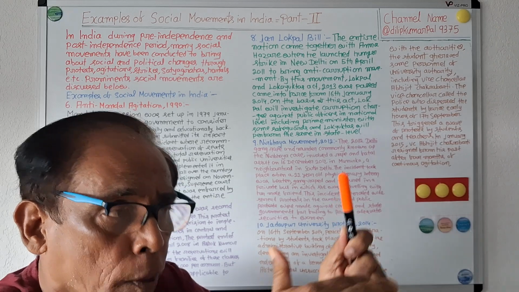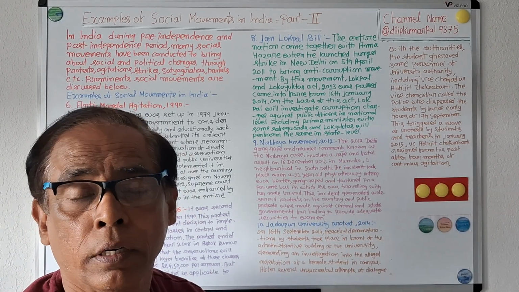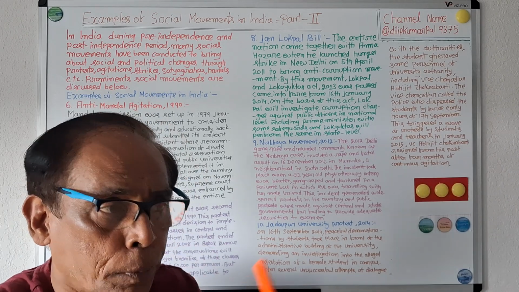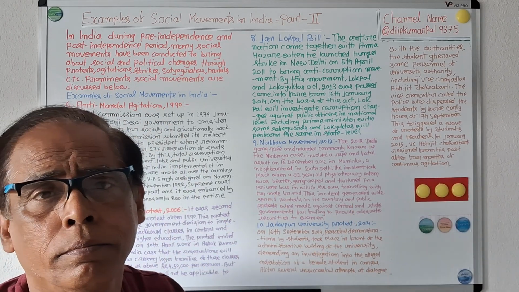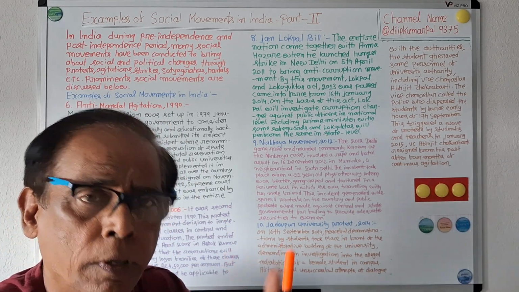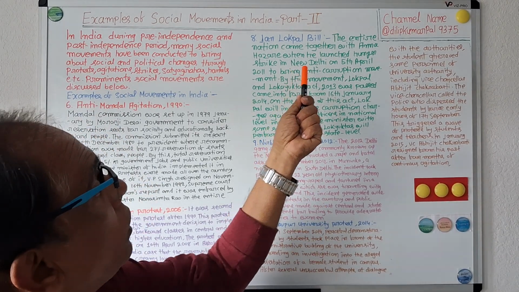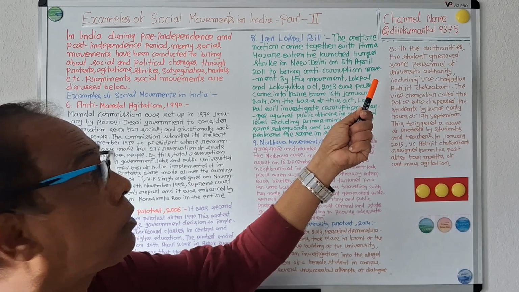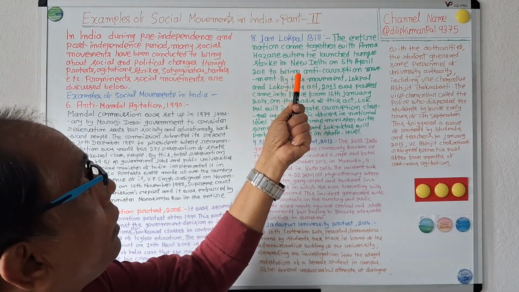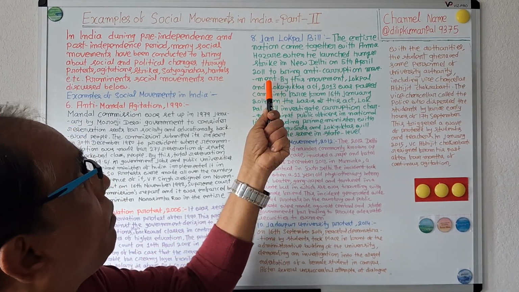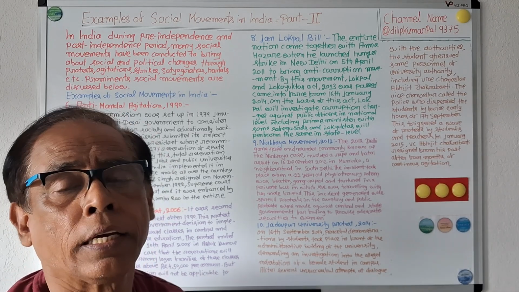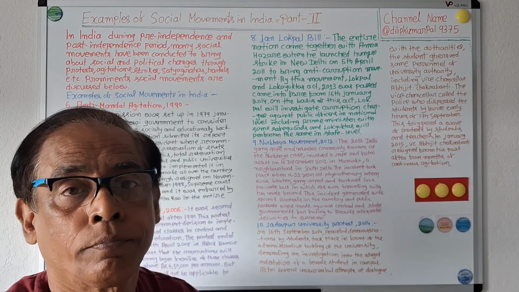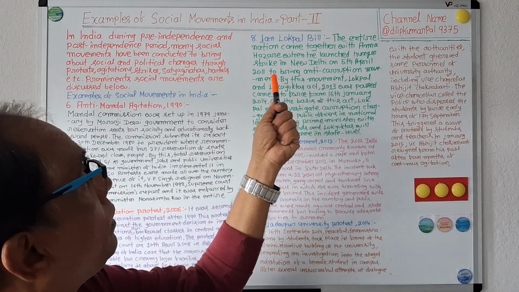People of the entire country supported Anna Hazare's effort to bring an anti-corruption bill against public officers, and he launched the hunger strike to execute the anti-corruption bill in Delhi on 5th April 2011.